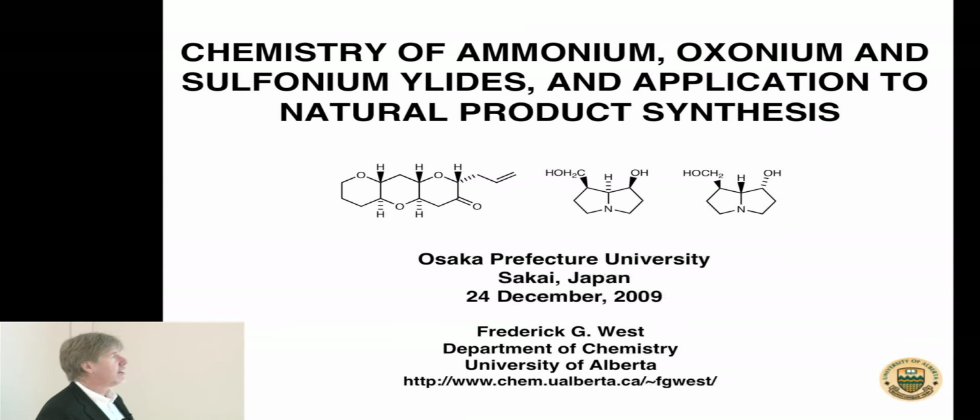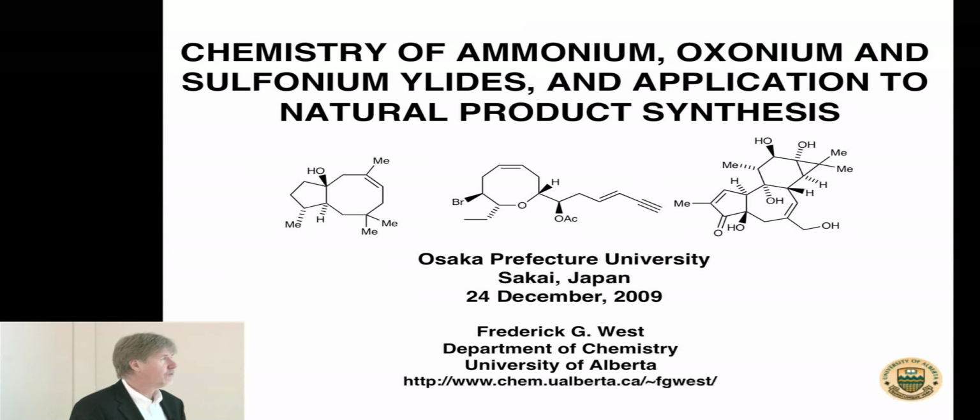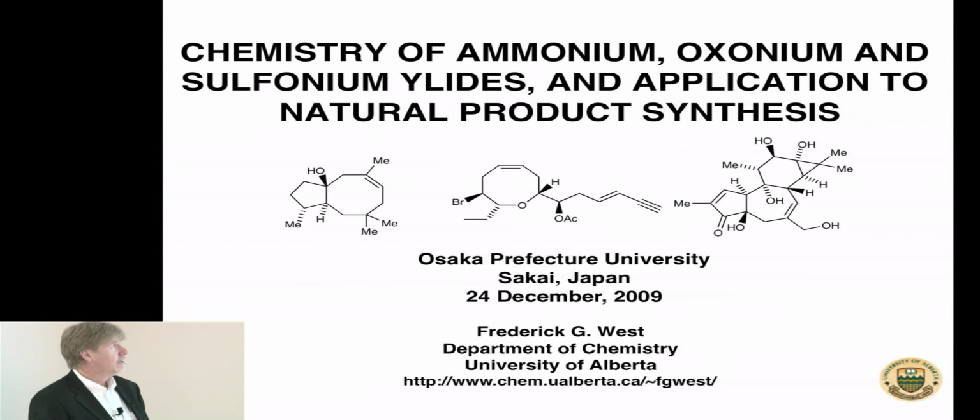But as time went on, we also realized that the same chemistry might be used to make other types of rings, such as medium-sized rings, either made up of all carbon or maybe a medium-sized ether, such as the one shown here. So I'll introduce the basic idea, our early results and what they told us, and then how we've tried to apply that chemistry.